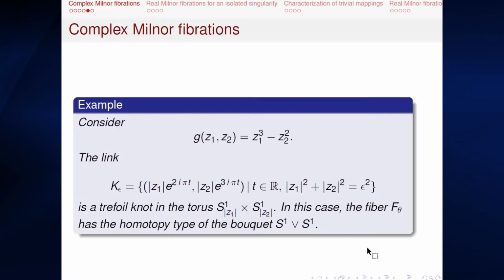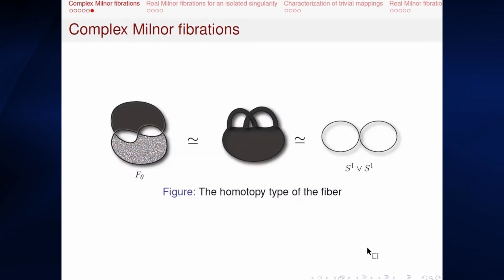In this example, the link is a trefoil knot and the fiber has the homotopy type of a bouquet of 2 circles. Here we have an illustration of the deformation from the fiber to a bouquet of spheres.